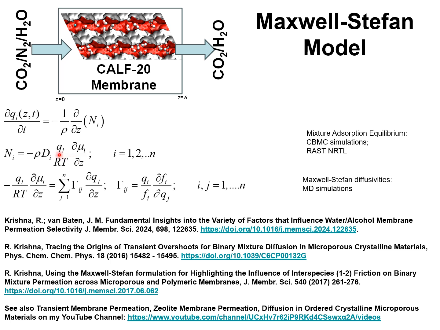The mathematical description of the development of the component loadings Q sub i as a function of z, the distance along the membrane, and time t is given by this partial differential equation, where n sub i represents the permeation flux of component i.